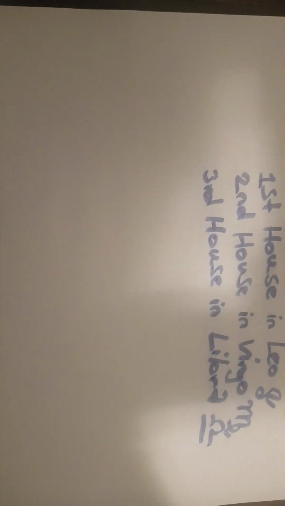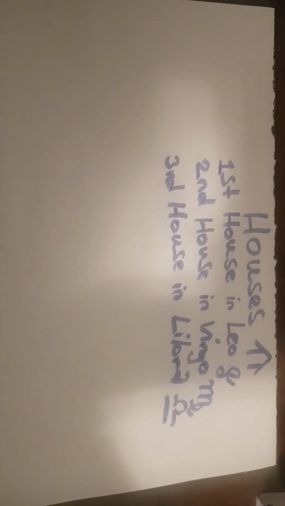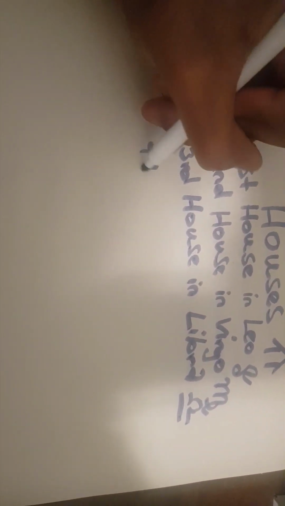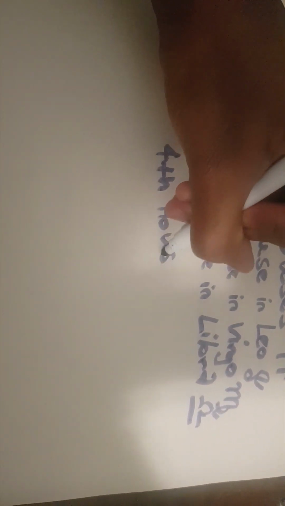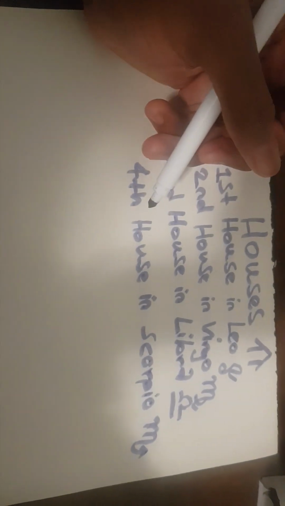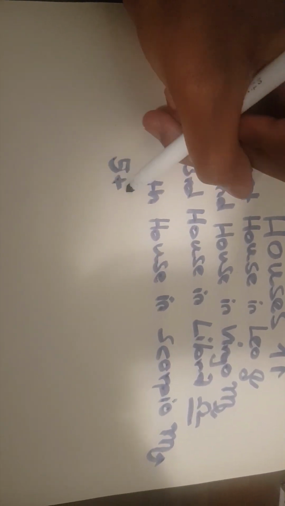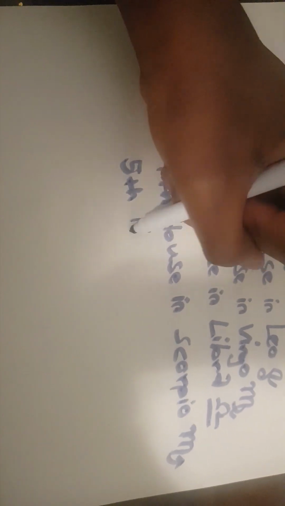Then, of course, I have my fourth house in Scorpio, as my Imum Coeli, of course. Next I have my fifth house, of course, in Sagittarius.